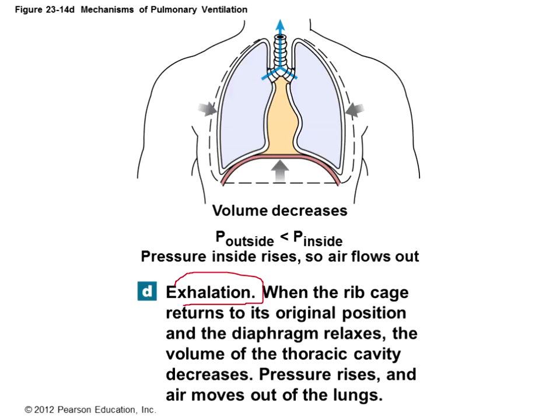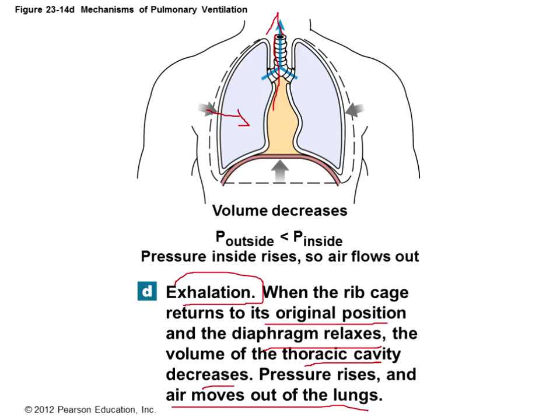Then you exhale, of course. During exhalation, the rib cage returns to its original position, the diaphragm relaxes, and the volume of the thoracic cavity decreases. As the thoracic cavity size decreases, pressure goes up. Pressure is now higher inside as compared to the outside, and so air moves out of the lungs, as you can see in this illustration.